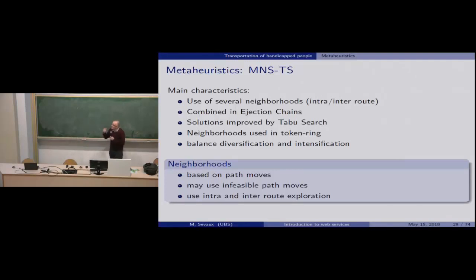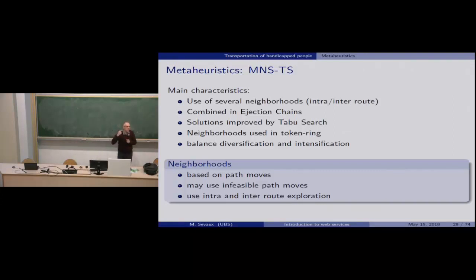So we have, of course, some intra- or inter-route neighborhoods, and we have combined this with ejection chains because this is one of the most powerful techniques we have. And we have also a solution improved by tabu search. So in addition to this multiple neighborhood search, we have implemented a specific tabu search to go further. And the neighborhoods that we have are used in token ring. So it means that we use circularly the same neighborhoods.